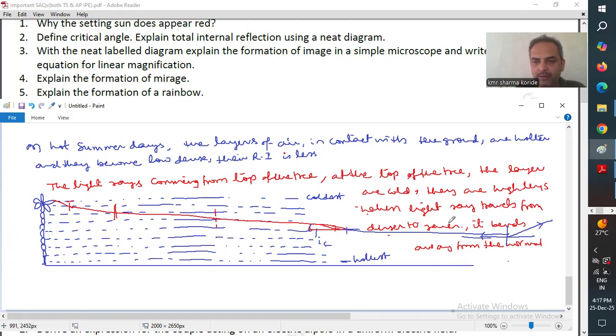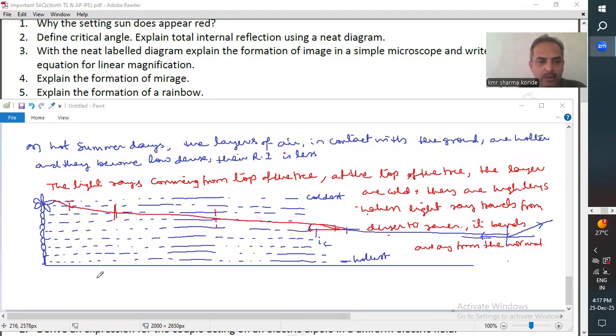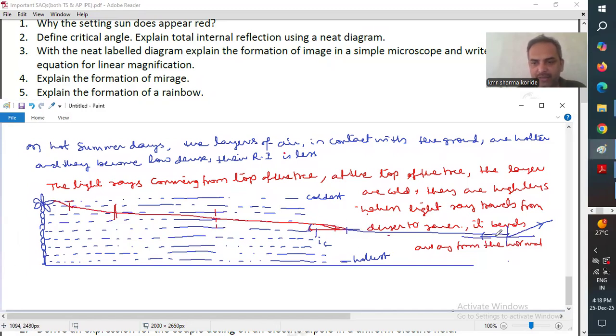So one of the light rays, for which the angle of incidence is greater than the critical angle, suffers TIR.